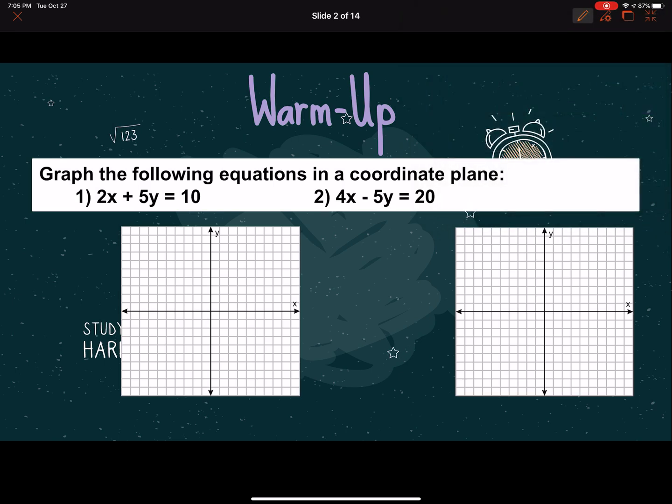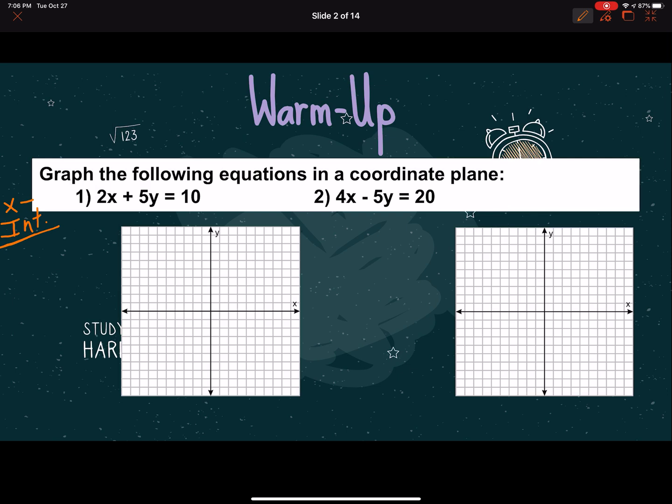Okay, so looking at number 1, I have 2x plus 5y equals 10. If I were going to graph this equation in standard form, I would use my x and y intercepts. So let's find our x-intercept first. If you'll recall, when we are locating our x-intercept, we're going to substitute a 0 in place of our y value.